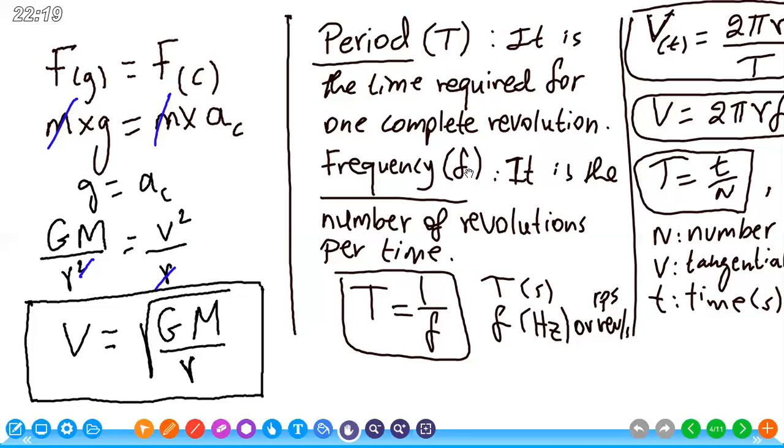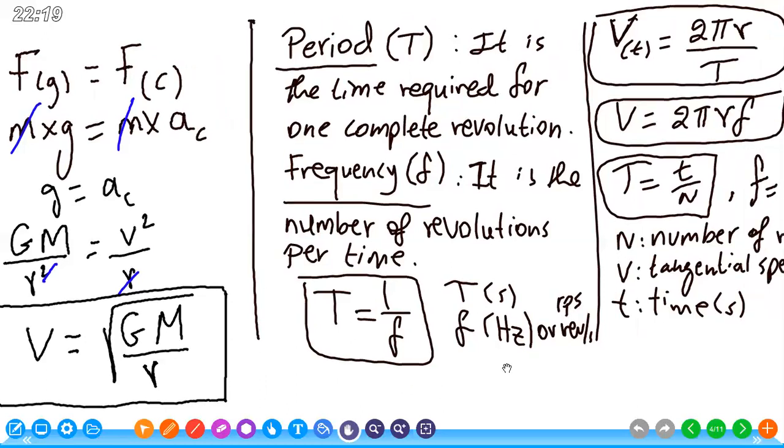And the frequency, which is going to be small f, so from now on capital F for force, small f for frequency, is the number of revolutions per second or per time. We said also in grade 10, I am reminding you, that the period and the frequency are inversely related. So I can say period equals 1 over frequency, and also frequency equals 1 over period. The period is a time, so it is in seconds. Frequency is in hertz. Hertz means revolution per second, or simply RPS, rotation per second.